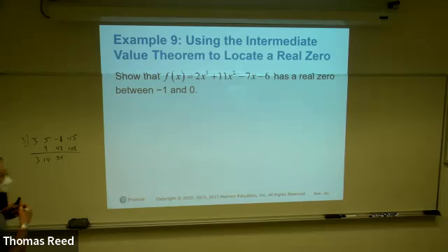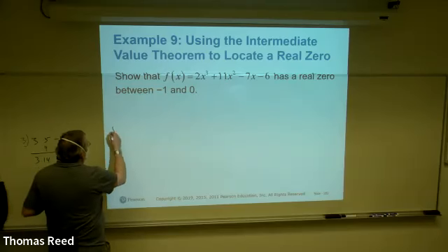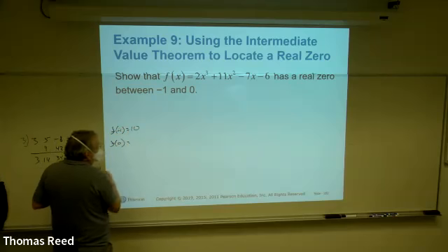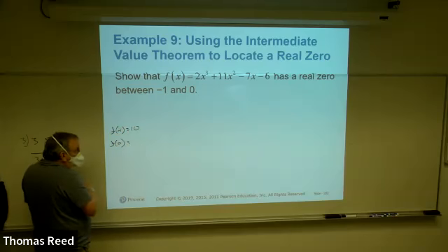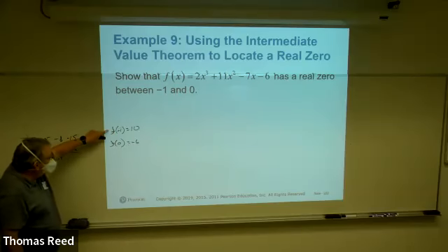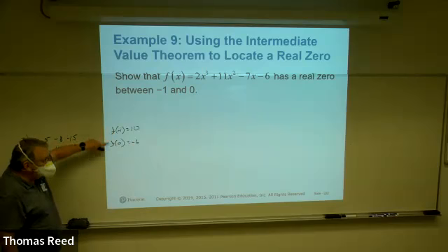All right, f of -1 is 10. And f of 0, what is f of 0? -6. So the sign changes. So it does have a 0.